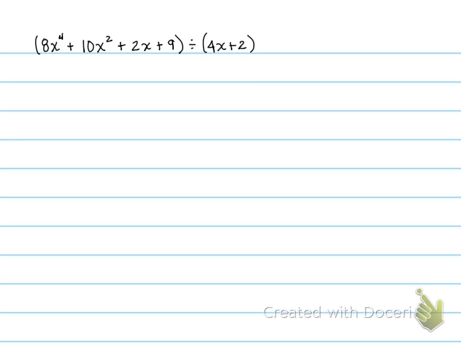So this becomes 8x to the 4th plus 0x to the 3rd plus 10x squared plus 2x plus 9. And we're dividing by 4x plus 2.